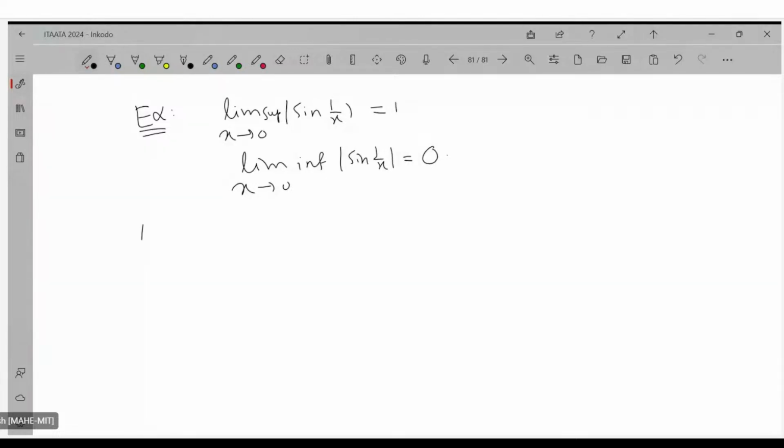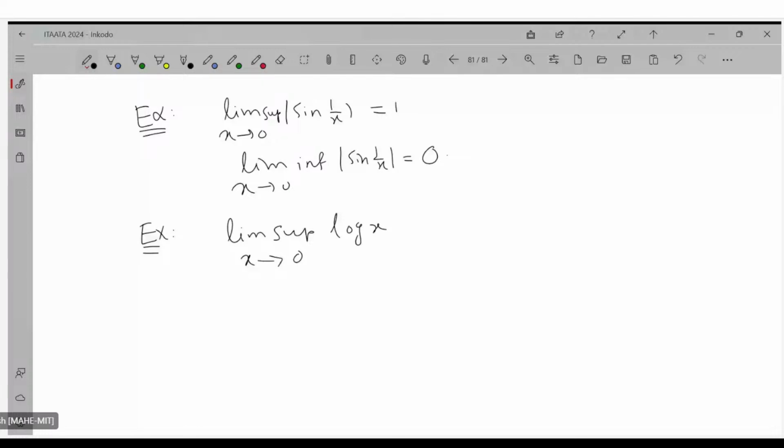What about this, limit supremum of x tends to 0 of log x? Sometimes instead of looking at the sequences, you can draw the graph and find that it is easy to handle.